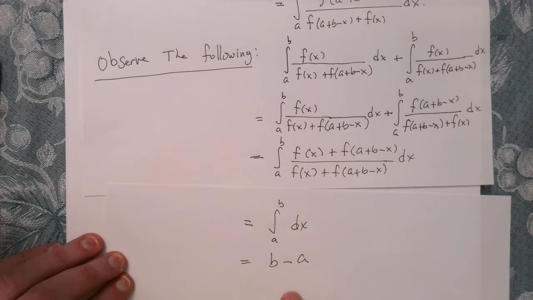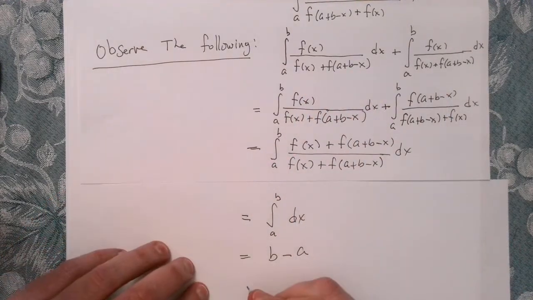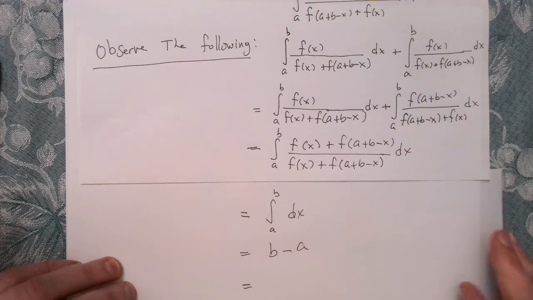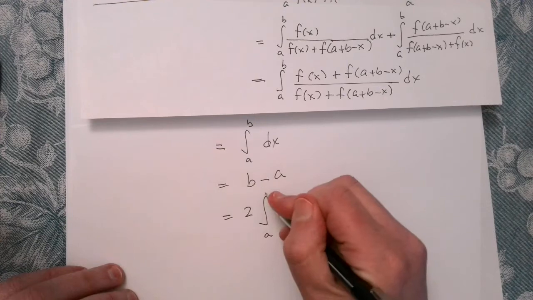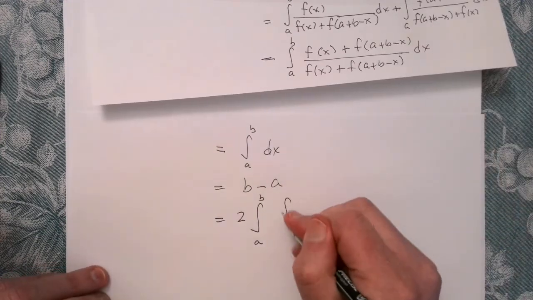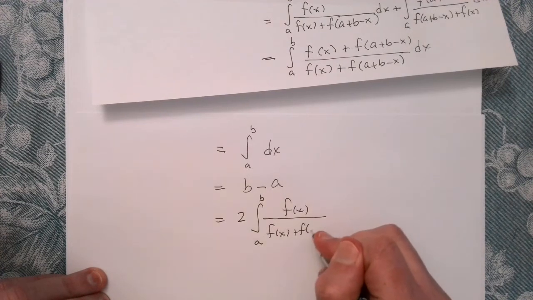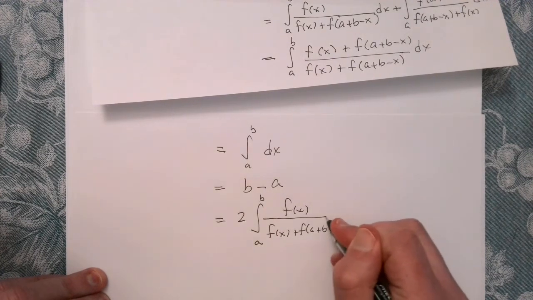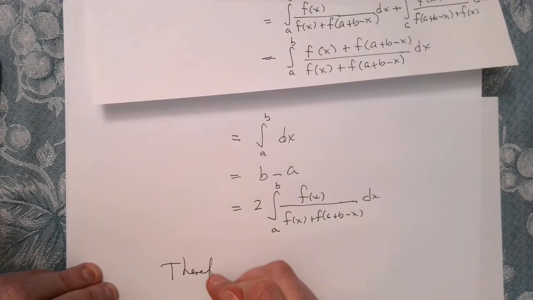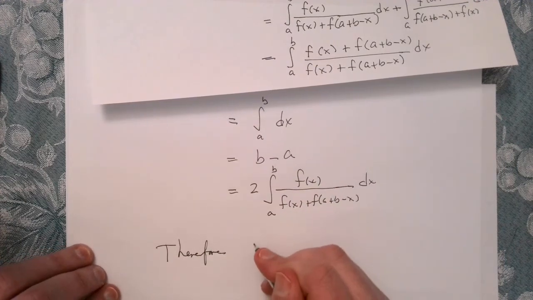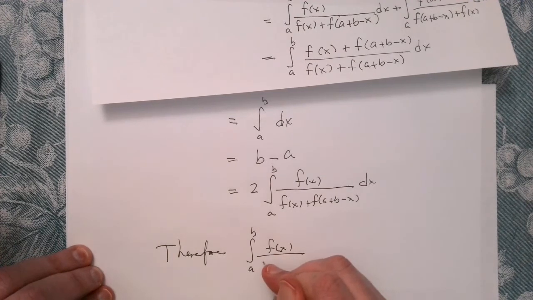But remember, this was equal to 2 times the original integral because we added it to itself, right? Because again, we added it to itself. And therefore, the big reveal, this integral must be b minus a all over 2.